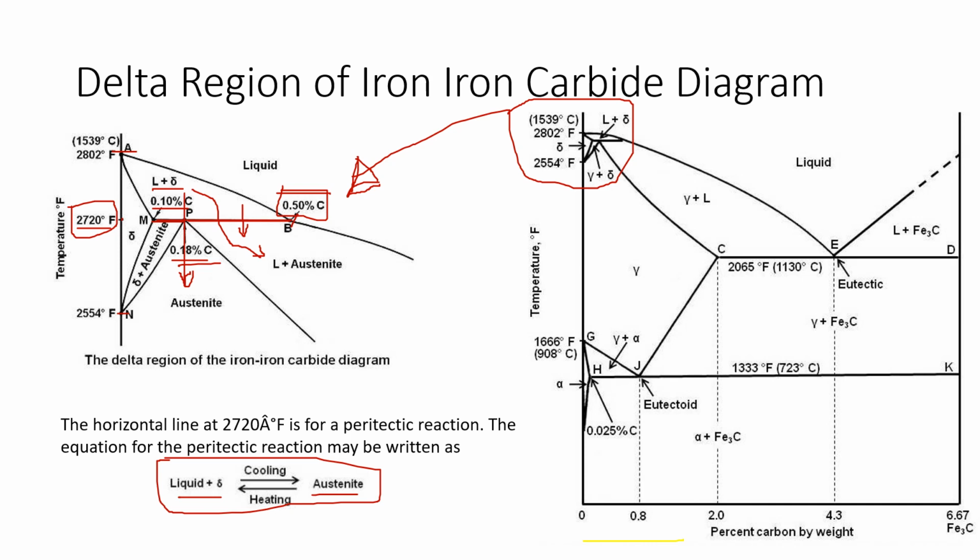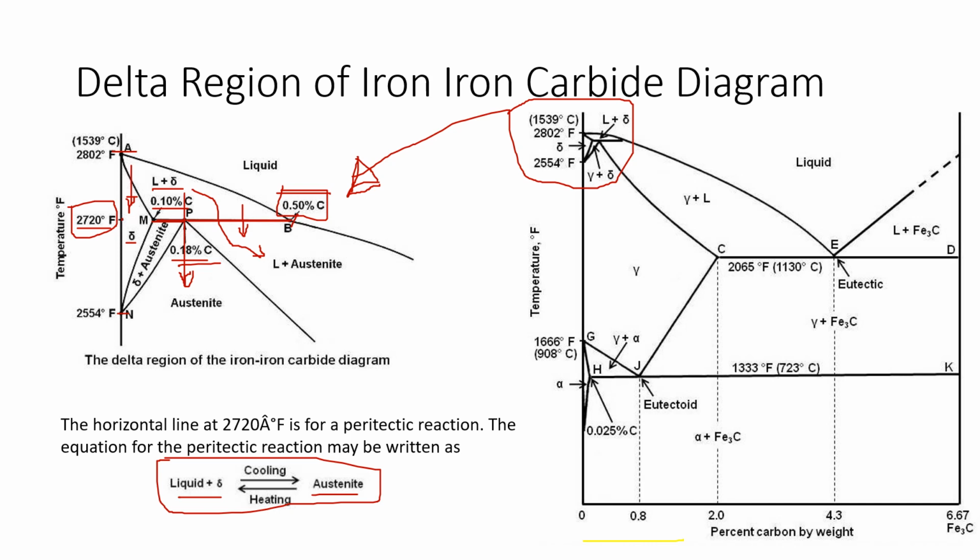Suppose the composition of carbon is less than 0.10%, then the liquid plus delta is converted into pure solid delta solution.